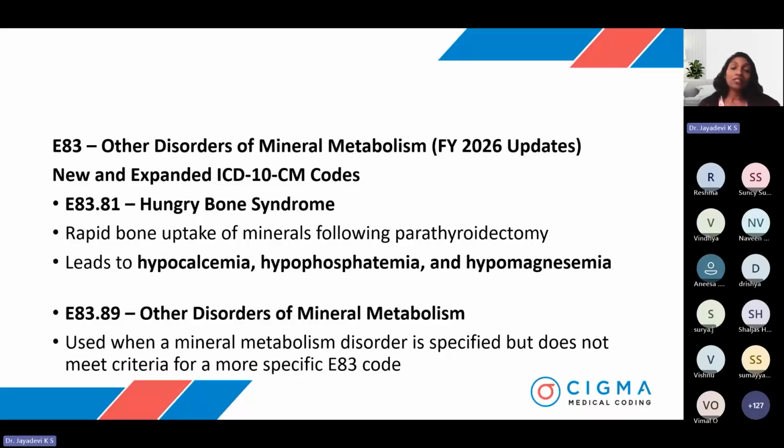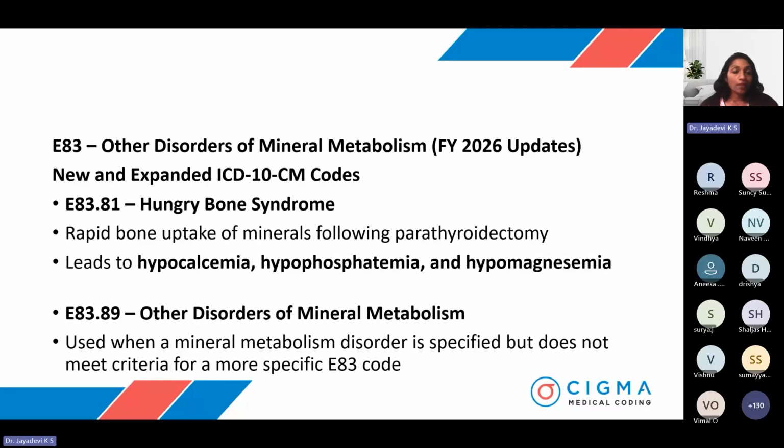The calcium gets deposited in the bone instead of staying in the blood, and the blood lacks even the basic amount of calcium, which causes calcium deficiency in the blood, and then muscle tetany and other spasmodic musculoskeletal conditions occur. That condition is known as hungry bone syndrome. The new code added is E83.81. This condition can lead to hypocalcemia, hypophosphatemia, and hypomagnesemia.